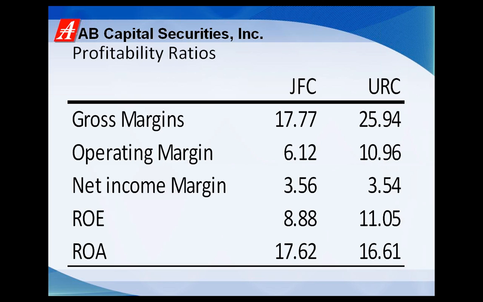Net income, they're basically almost equal at 3.5 times. Now you go to return on equity and return on assets. URC has a slight edge in terms of ROE, while Jollibee is slightly higher in terms of ROA.